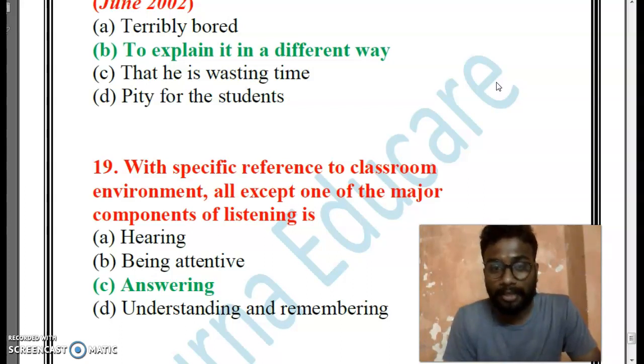In order to listen, the ear as well as the brain is required. Being attentive is more important, and understanding and remembering are part of listening, but answering is not part of listening. So option C, answering, is not at all a major component of listening, right?